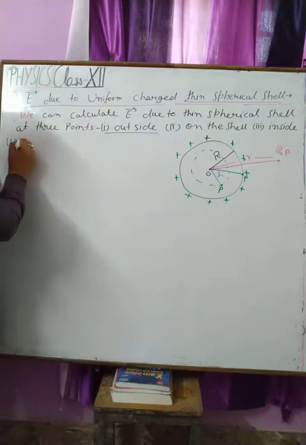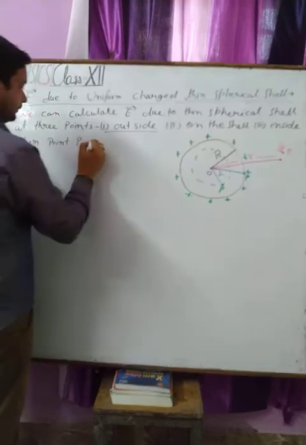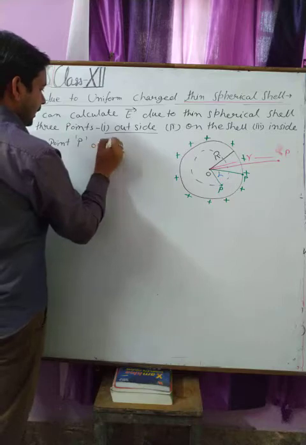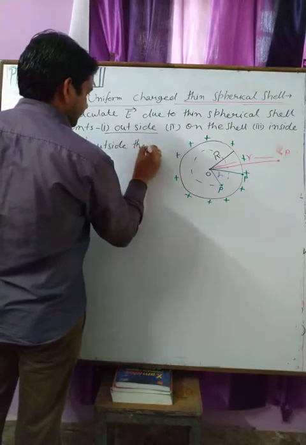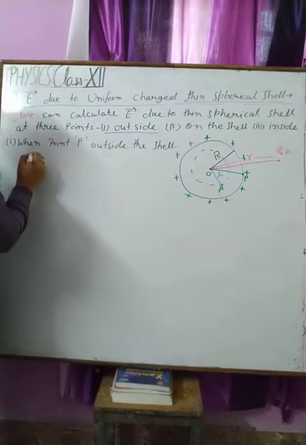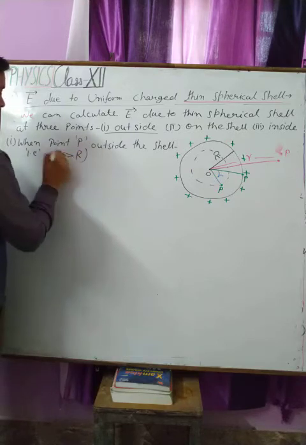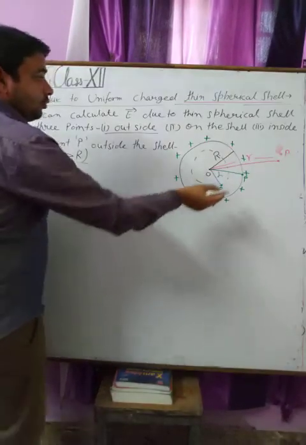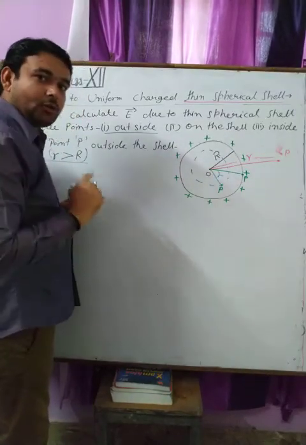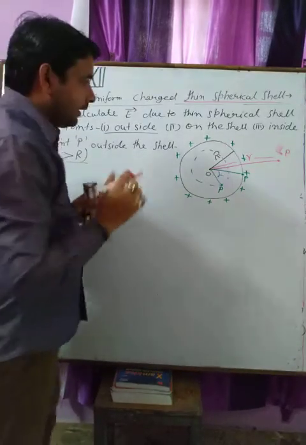Okay, now we are taking the first point. First one is when point P is outside the shell, that is, small r is greater than capital R. Now this whole surface behaves like a point charge, and we all know a point charge spreads the electric field lines radially outward.